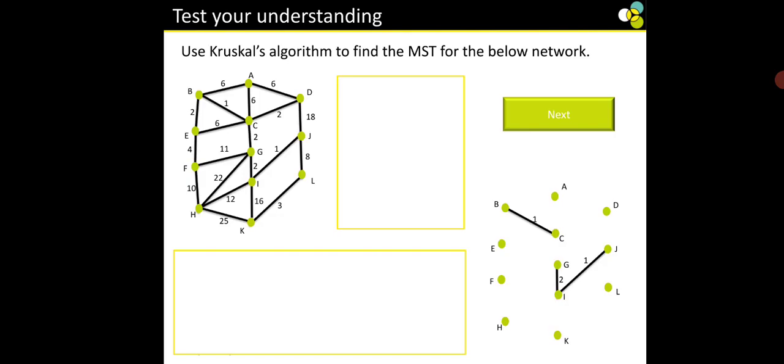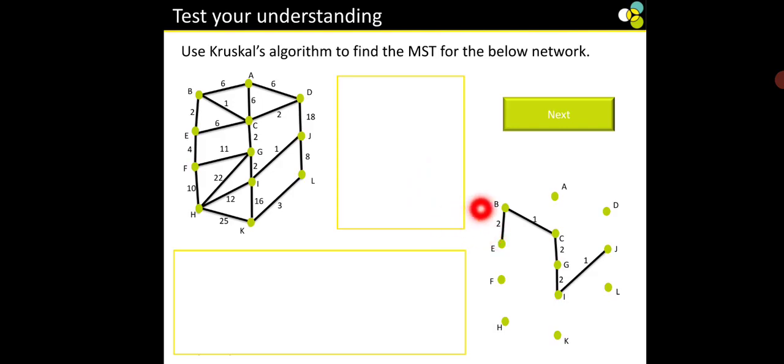C to G, and B to E also has 2. First we have taken I to G, then we have taken G to C also. Here we have the value 2. Next, B to E, we took the value 2 here.